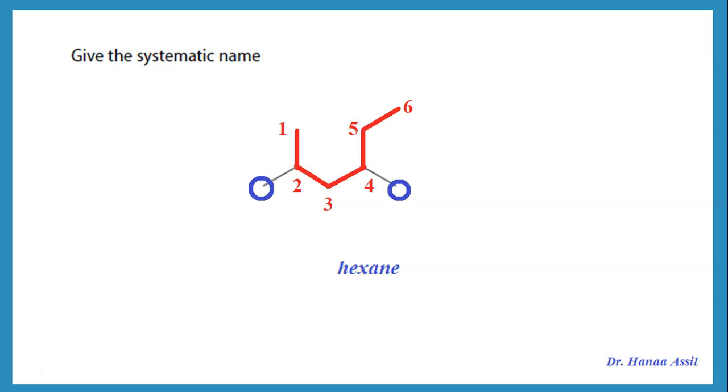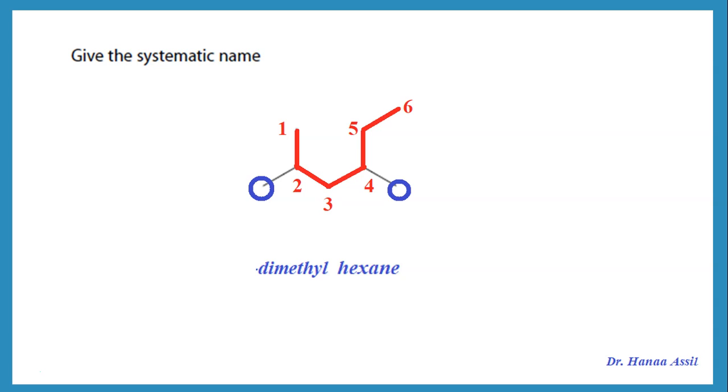And then we look at the substituents. We said at the end of each of these lines there is a carbon with its required number of hydrogens. That means we have a methyl group at the end of each of these lines, and that means I have 2 methyl groups, so it is a dimethyl hexane.